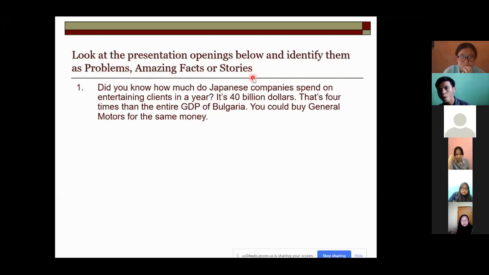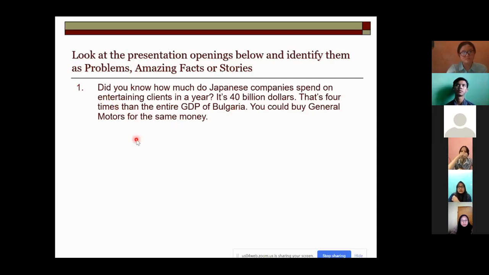Okay, the first one. If the presenter opens the presentation by saying this kind of sentence, what kind of presentation opening is it? Is it a problem, amazing fact, or story?